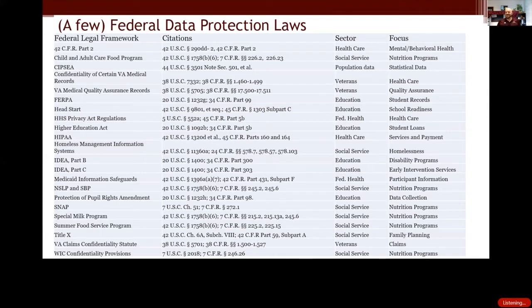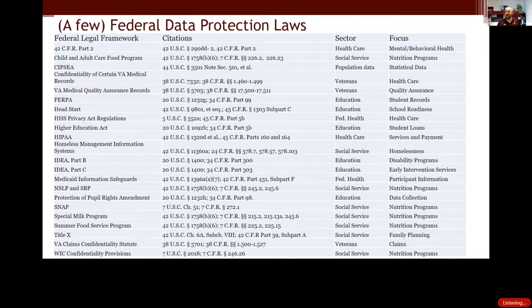Now, this slide is one of the reasons I like talking about laws very generally before talking about specifics. What you see here are about 24 different federal data protection laws. Looking at the federal laws, there are probably about 4 times, if not more, this number of laws protecting data. So you can see this is a very complex space.